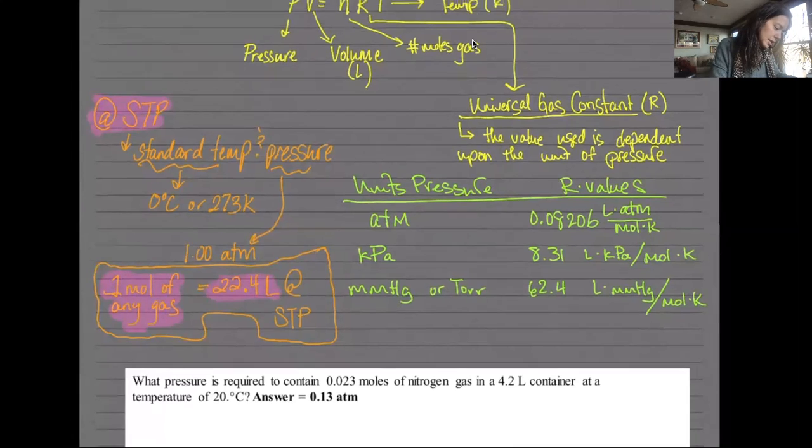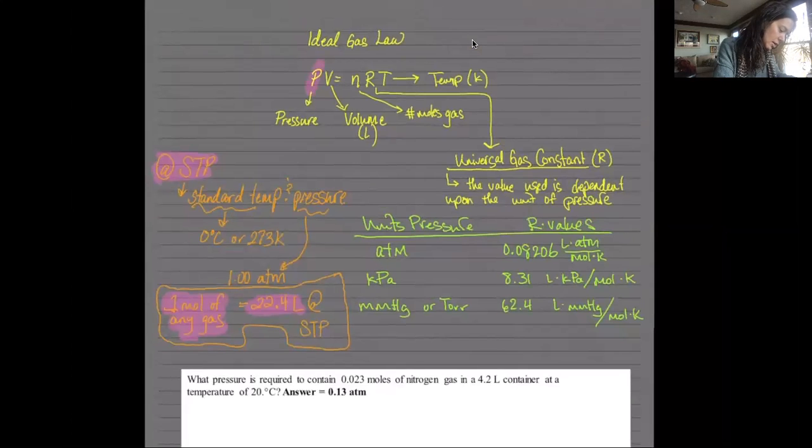You can plug it into the gas law. You can make this standard. You can make your number of moles 1. You can plug in your R, and you can plug in your standard temperature. And when you do that and you solve for volume, it will be 22.4 liters.